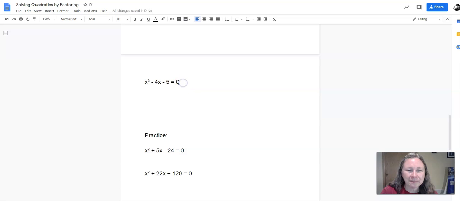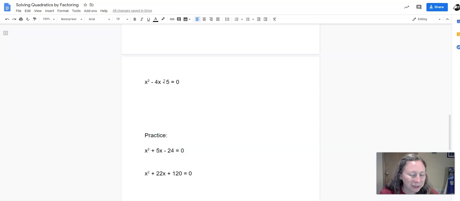So here's one. It meets one of those criteria. It's set to 0 on this side, but this side is written in expanded form. And so I wonder if we can write it in factored form, can we solve it by factoring? So I need to think of two numbers that when I multiply them, I get -5, and when I add them, I get -4. 5 is prime, so that's helpful.